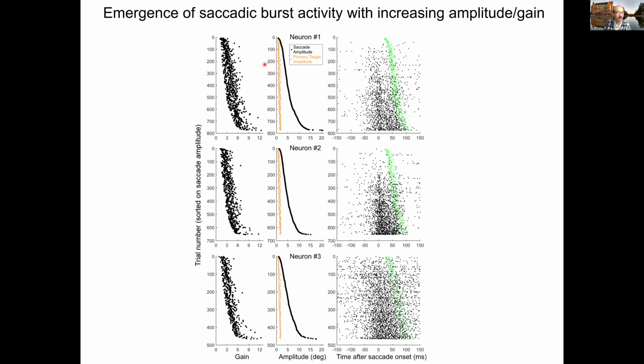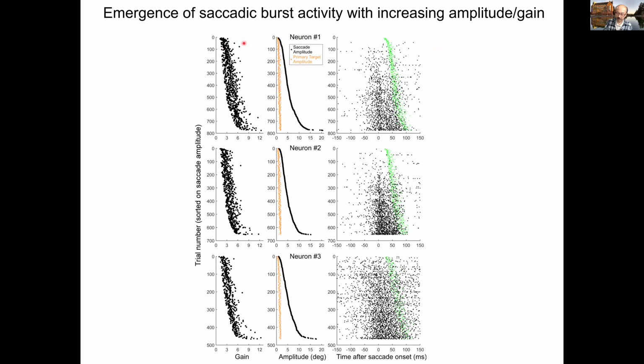This is an example for the 3 neurons that we have. So the data again is sorted on saccade amplitude. Here the black, and the brown here, is actually plotting the primary target amplitude. They are all 2 degrees or less.